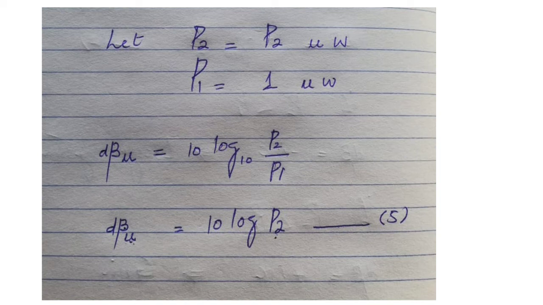Then the decibel value of P2 with reference to 1 microwatt, this is dBµ, will be equal to 10 log of P2. So this is how we calculate the dBm value of a power and the dBµ value of a power.